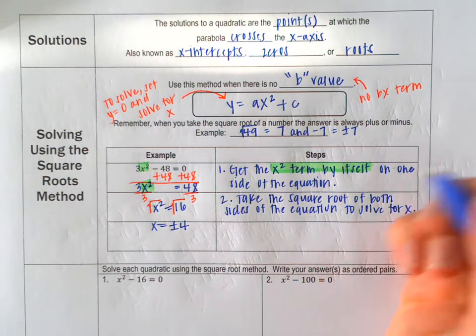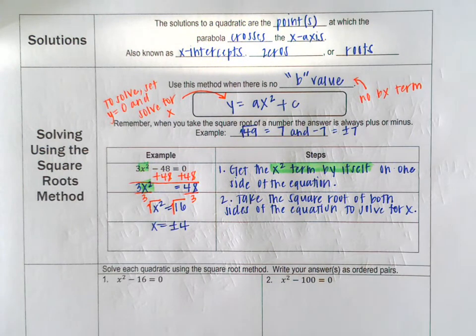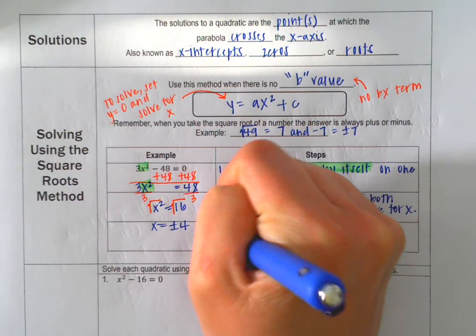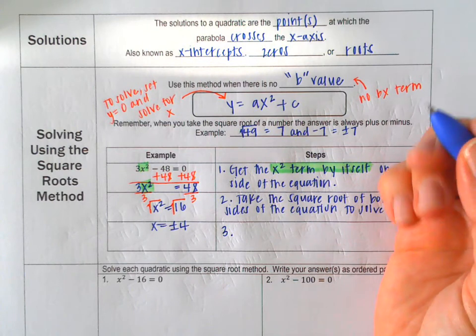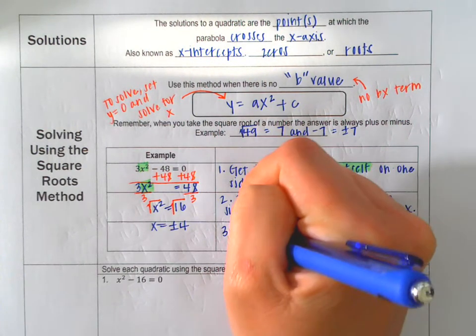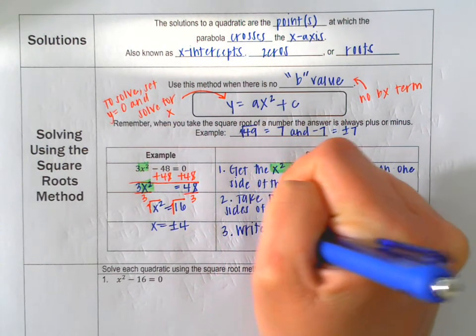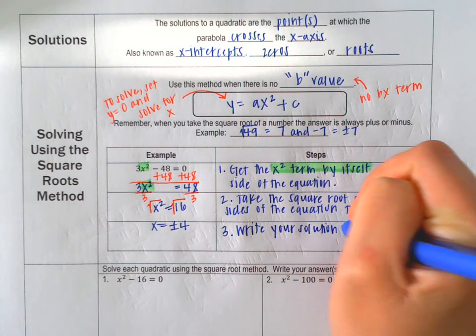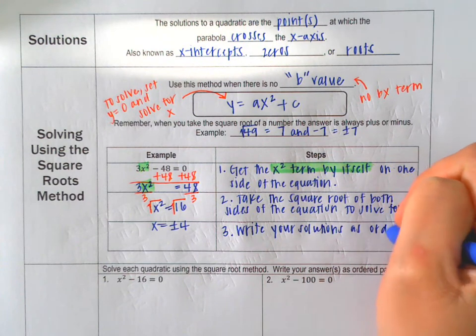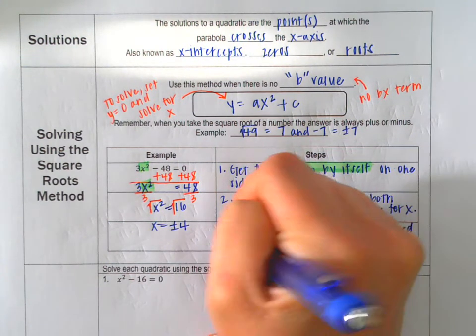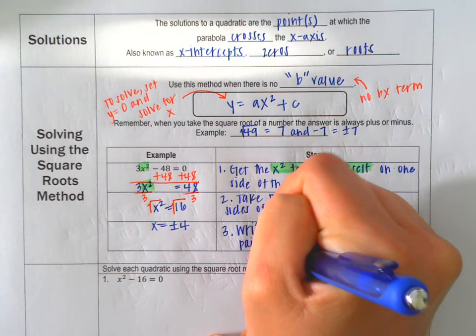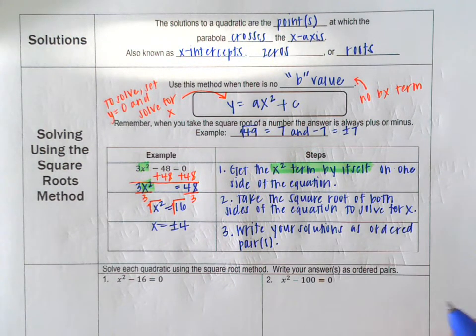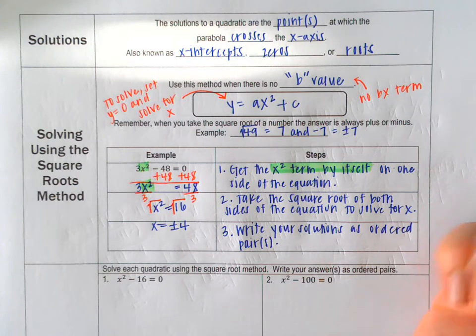And then our last step is important. The third step is to write the solutions as ordered pairs. You're always going to have 2, so I shouldn't have put pairs, but technically you could have just one.